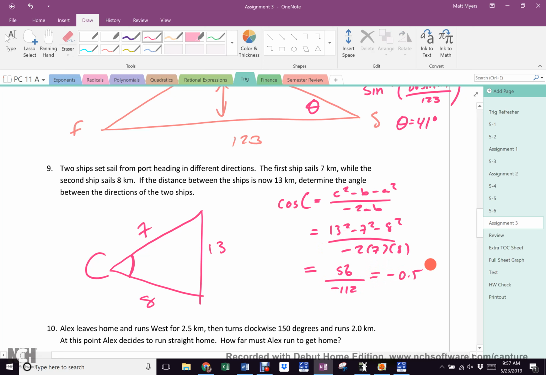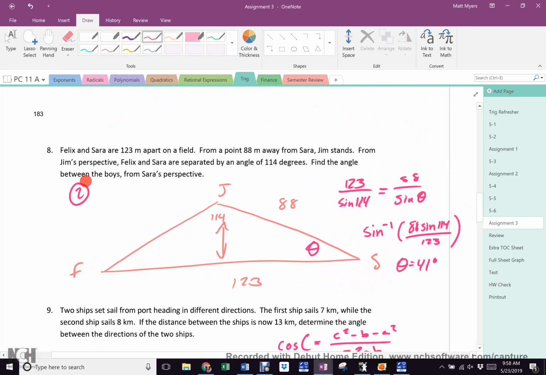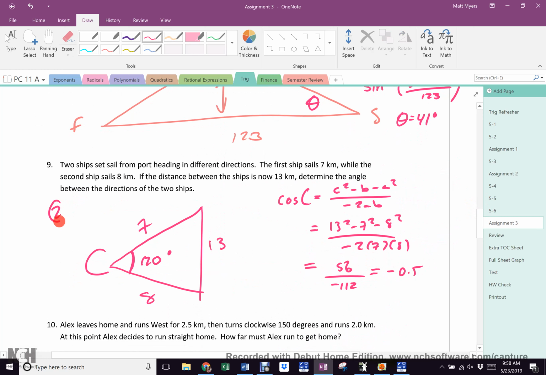Shift cos negative 0.5. 120. Oh, sorry. This one's worth 2. This one's worth 2.